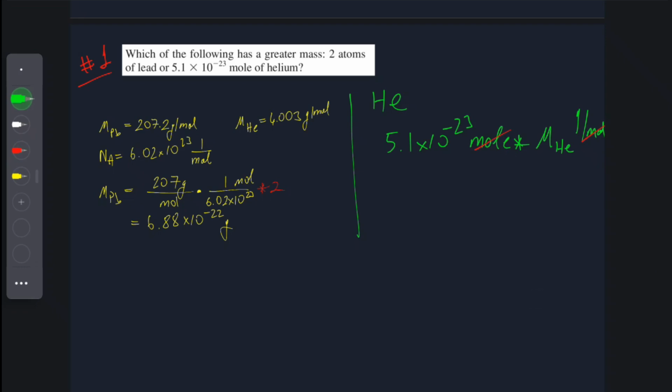In this case, we just multiply with the molar mass of the helium, 4.003, and the answer for the mass of the helium should be 2.041 times 10 to minus 22 gram.